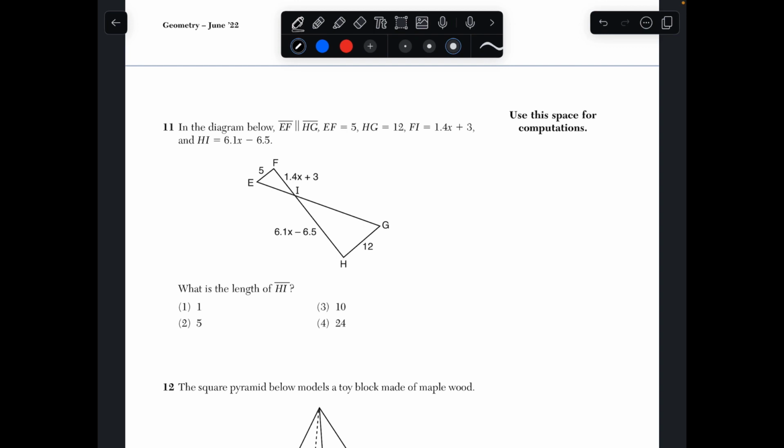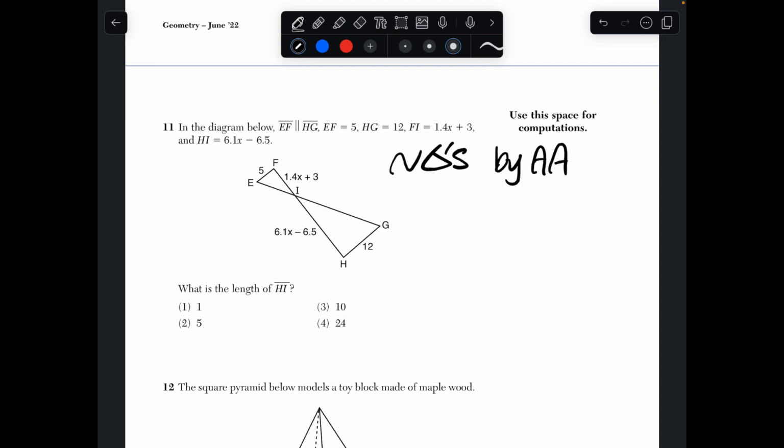Okay, so if these lines are parallel, that means these are alternate interior angles, and vice versa. So that means these are similar triangles by AA, angle angle. So since they're similar, we can set up the proportion.